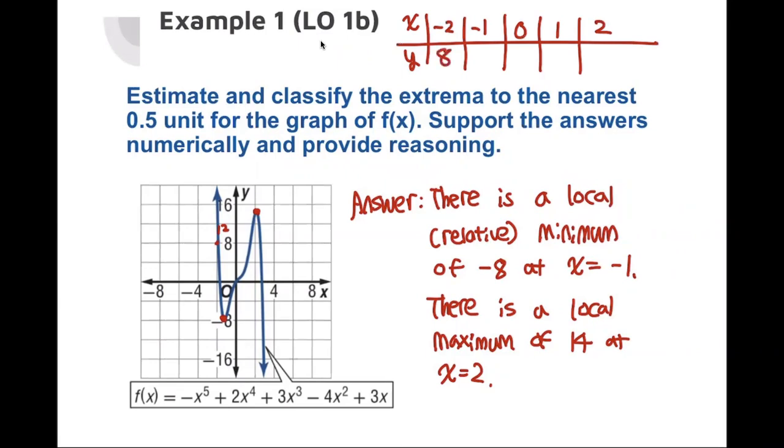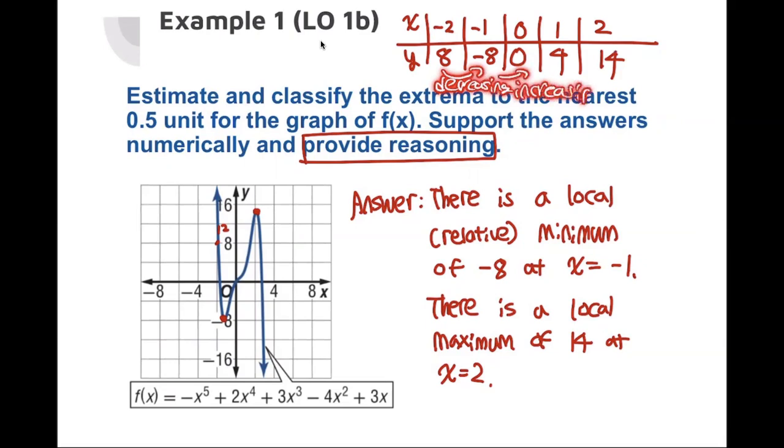When it's -1, it's corresponding to -8, 0, 0, 1, it's like 4, 2, it's like 14, right? So we can support the answers numerically by providing reasoning, right? We can say that at x equals -1, the graph switches from decreasing to increasing, right?